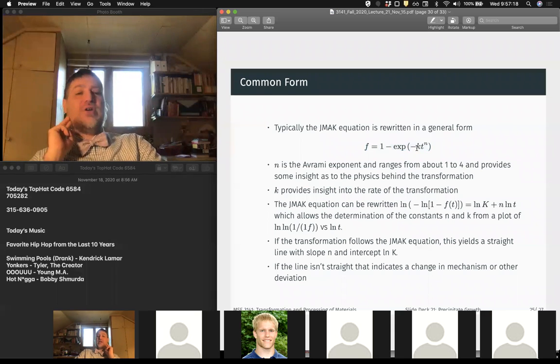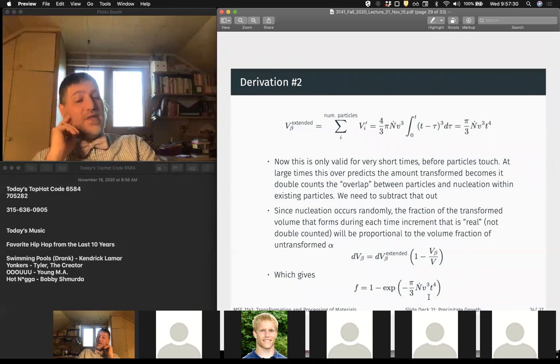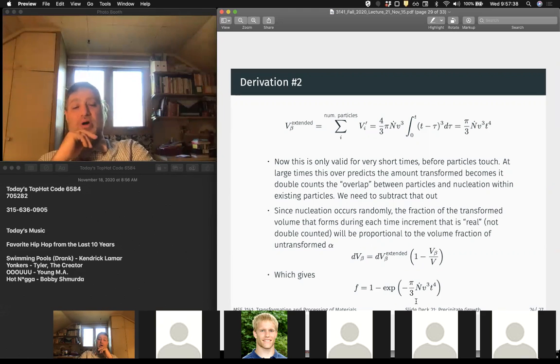If we go back and look at what's in K, well, K includes three terms. It includes our velocity of the interface, it includes our nucleation rate, and it includes a geometric factor that accounts for the shape of the particle.